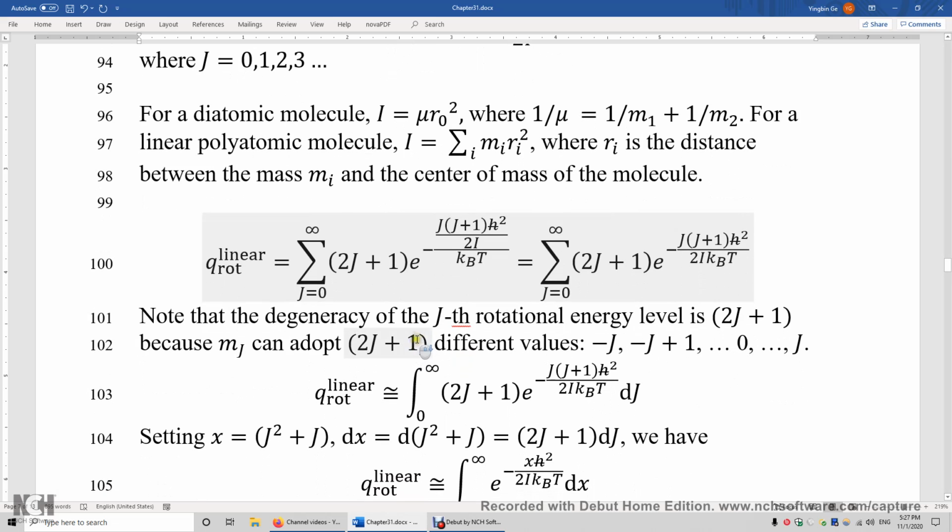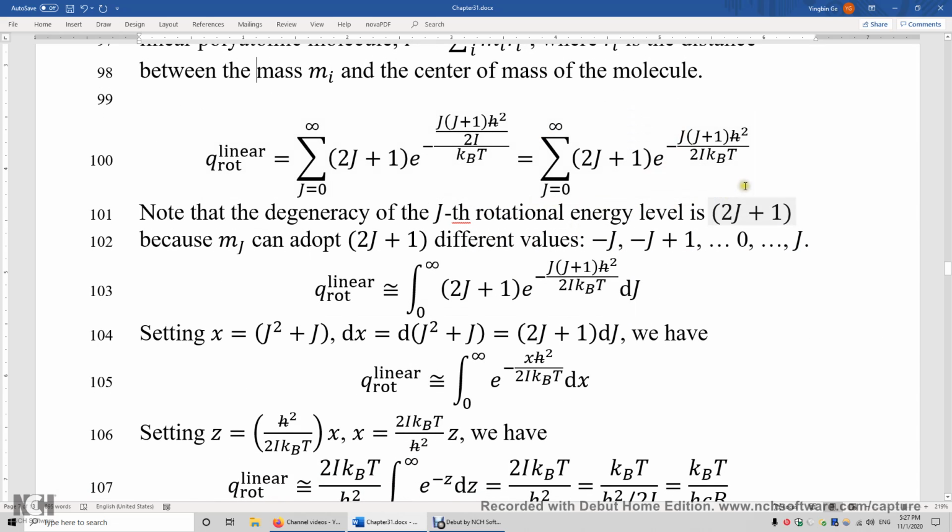This is because m sub J, the z component of J, can adopt 2J plus 1 different values. This z component, m sub J, can be negative J, negative J plus 1, etc., to 0, etc., all the way to J. So there are 2J plus 1 possible values here.